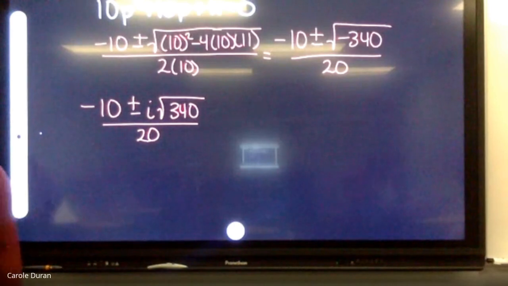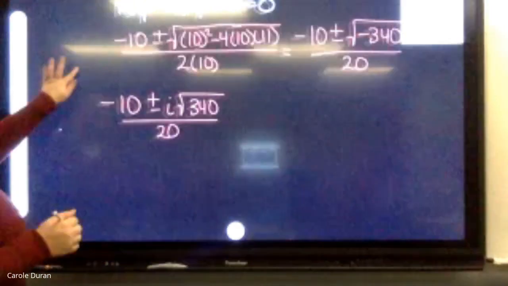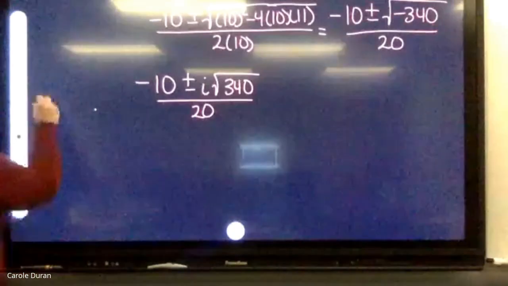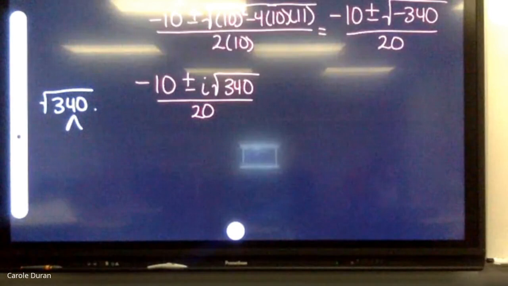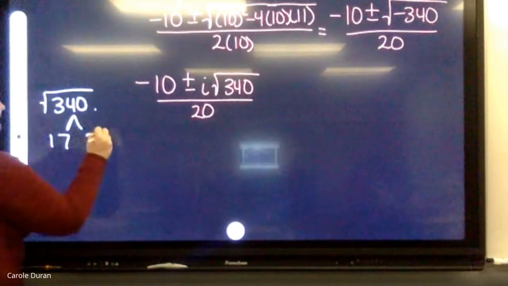So factor tree the 340, right? Okay. So let's factor tree the 340. Cool, what multiplies together to get 340? 17, 20. You're very good at mental math.